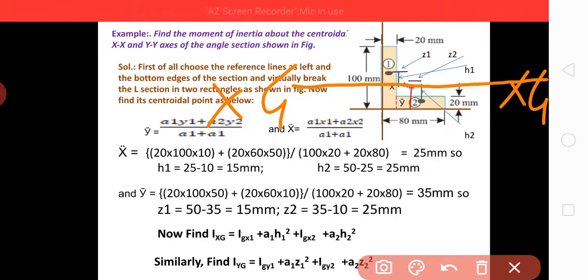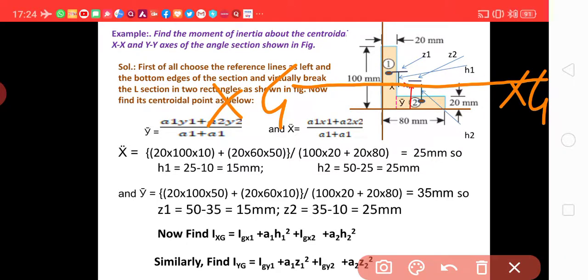The x dimension is like this. So Igx1 plus A1 h1 square, plus Igx2 plus A2 h2 square. Similarly, Iyg equals Igy1 plus A1 z1 square, plus Igy2 plus A2 z2 square.